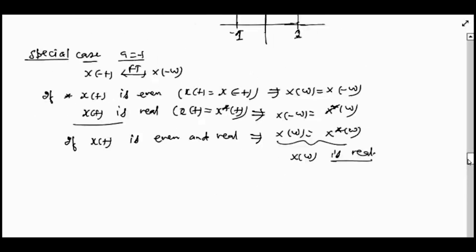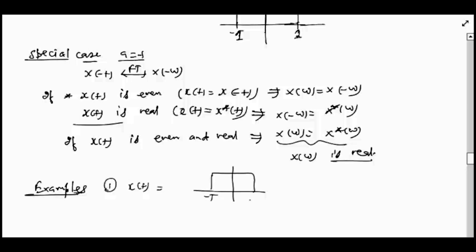We have already seen several illustrations of this. For instance, let us recall the two examples that we saw earlier. In one, x(t) was a pulse signal. So this was our first example. The other one was where x(t) was a sinc function.